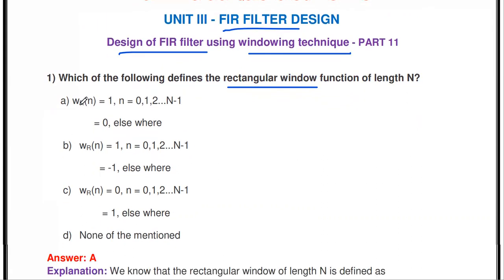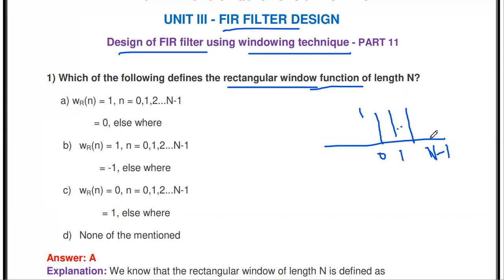The first question: which of the following defines the rectangular window function of length N? The rectangular window function has a constant amplitude of 1 for time n from 0 to N minus 1. So this window function has amplitude 1 for n equal to 0, 1, 2, up to N minus 1.